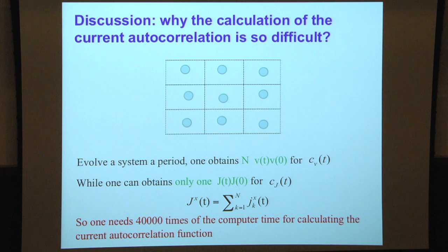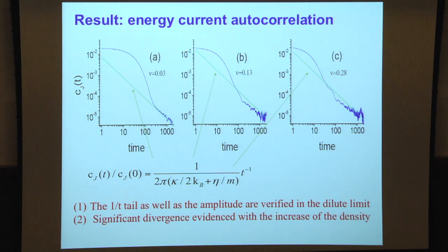That is the reason why we never found a numerical verification of the power law of the energy current autocorrelation function. For this curve, I used 3 months on a 100-CPU cluster, just for the single curve.